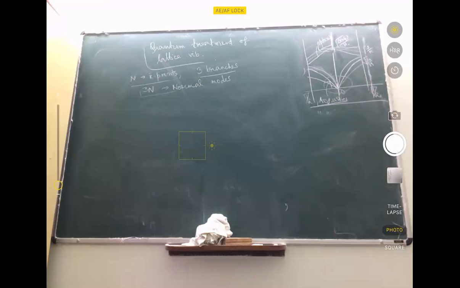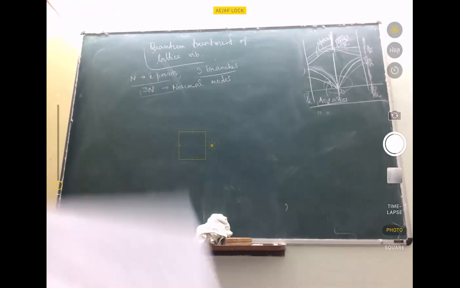That's one of the first exercises that you learn. So we'll apply that here, okay? So we have 3N independent harmonic oscillators, and we'll calculate their contribution to the specific heat, which is a straightforward exercise in statistical mechanics.